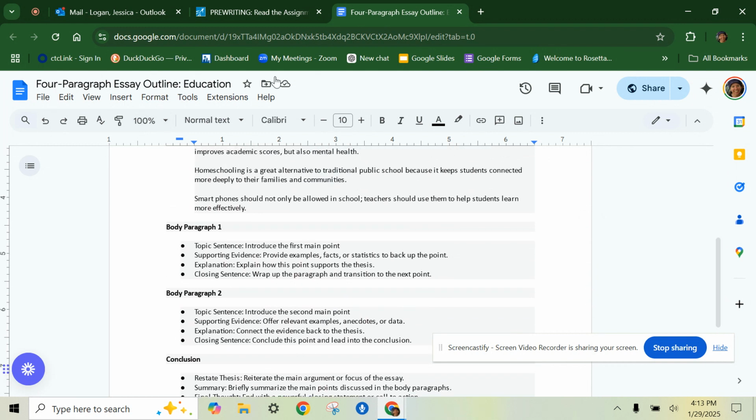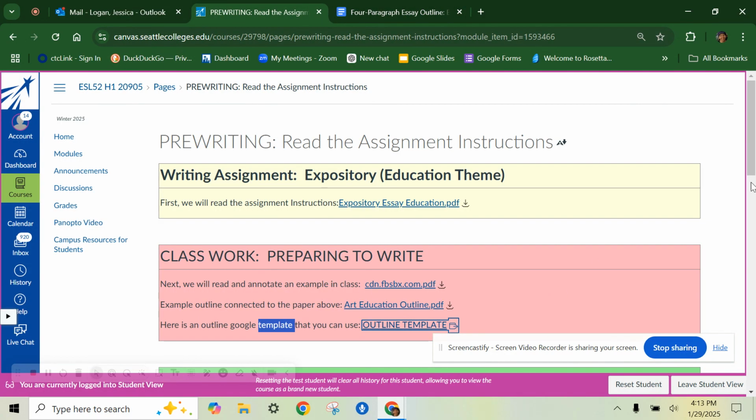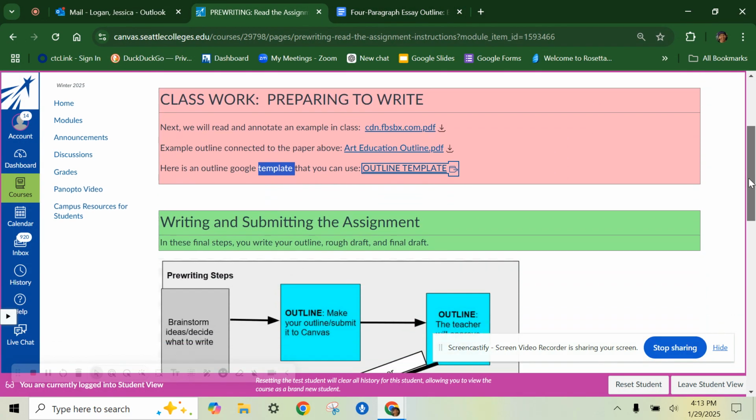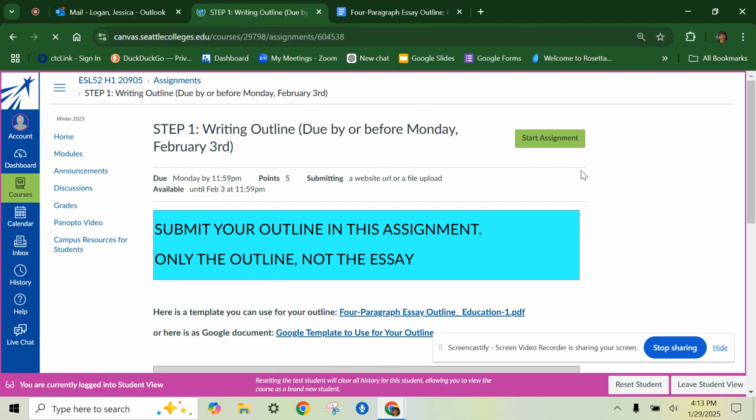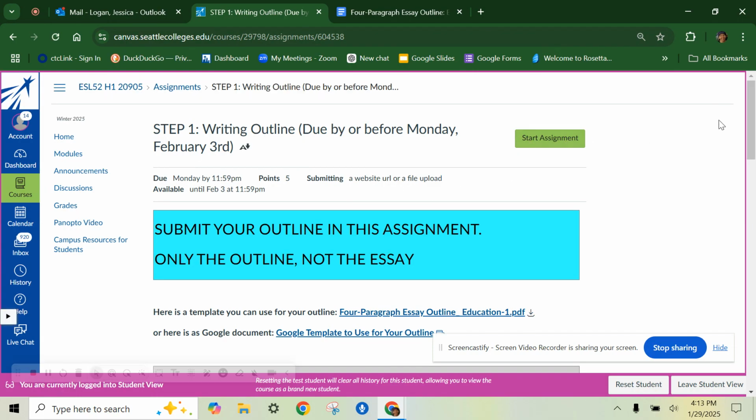You can look at the example outlines to know what yours should look like. And you will submit that here in step 1. You can submit that outline right here with Start Assignment.